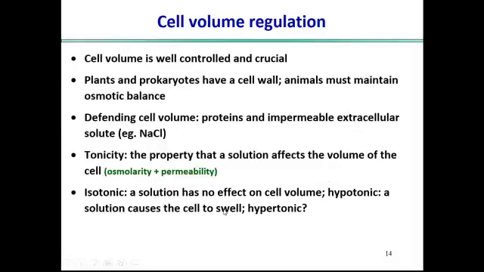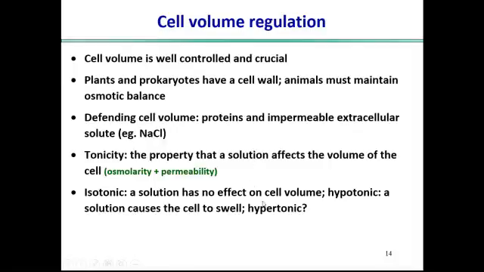That means the volume enlarges, because the water would move from the extracellular space towards the intracellular space, from the higher water concentration to the lower water concentration. That's why the cell volume is going to increase.